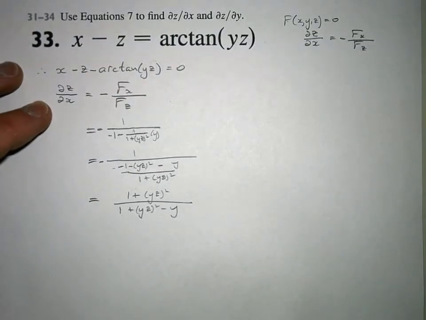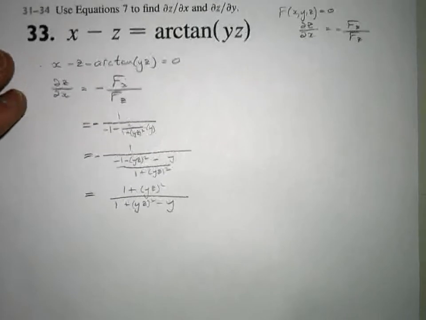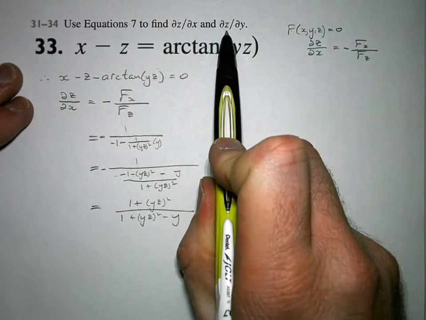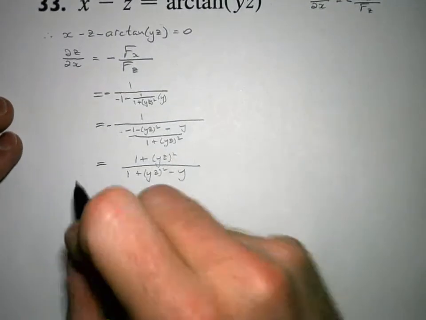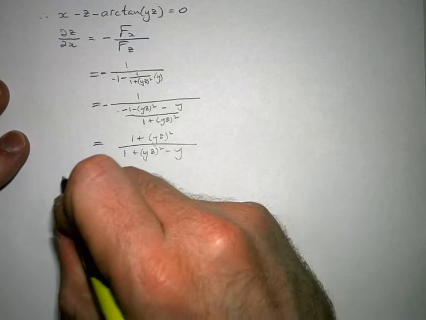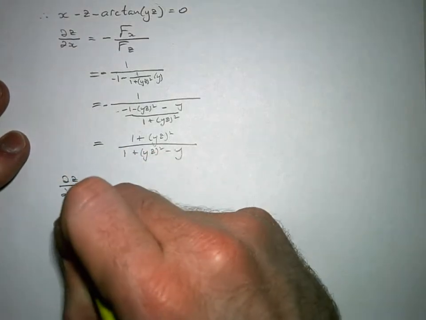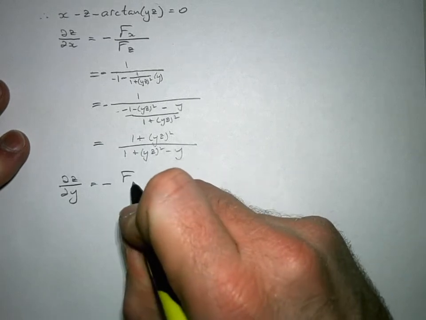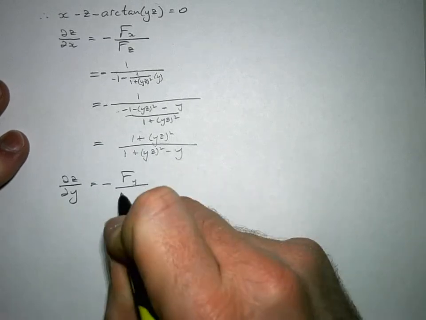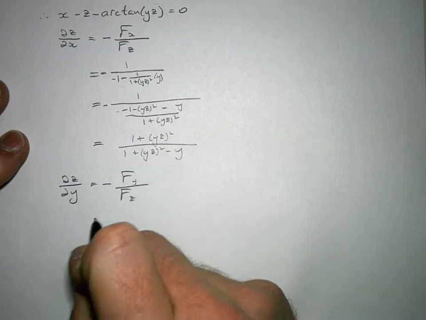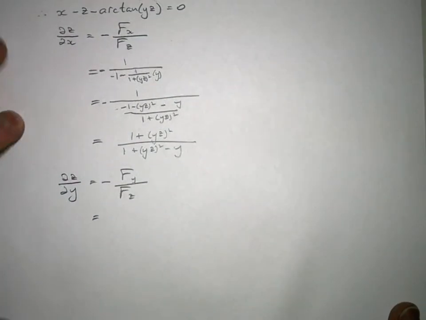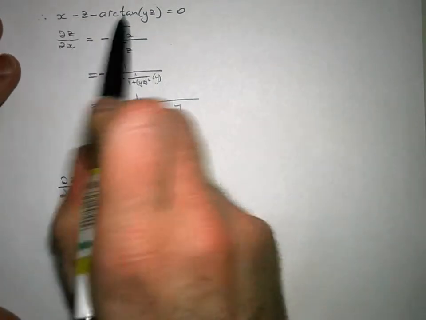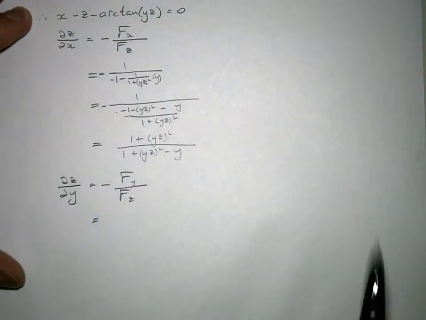Really nice and easy. We're also asked to find the partial of z with respect to y, so let's do that very quickly. We've got the partial of z with respect to y is equal to minus F subscript y over F subscript z. And again, we're just going to differentiate this thing with respect to y and with respect to z.